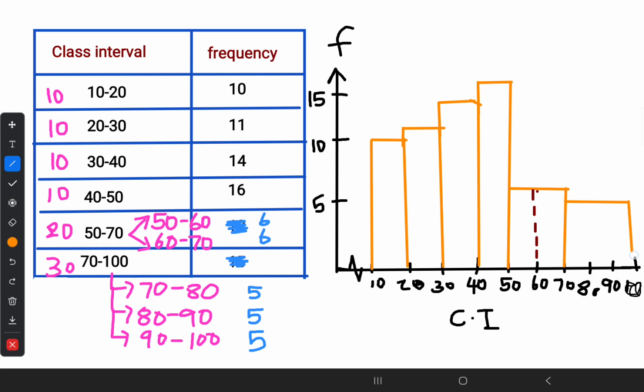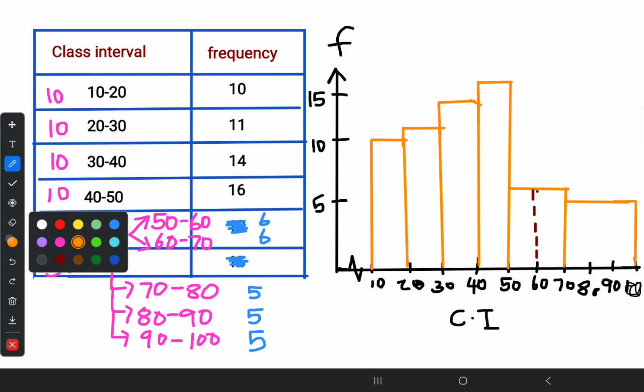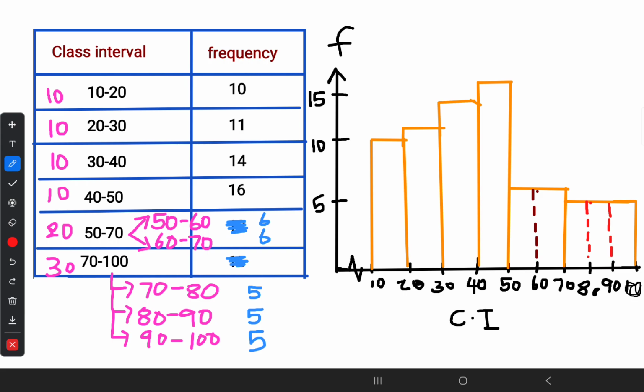Draw a single block, and thereafter there are 3 single blocks together creating this whole block. So this is the way you have to complete your histogram.